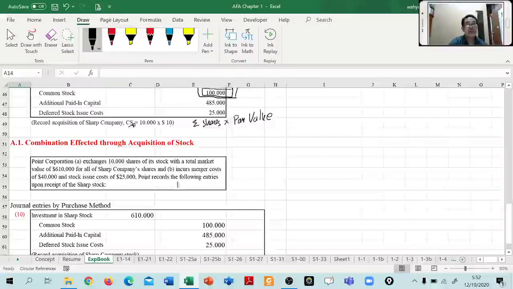Point records the following entry upon receipt of the shares of Sharp stock.